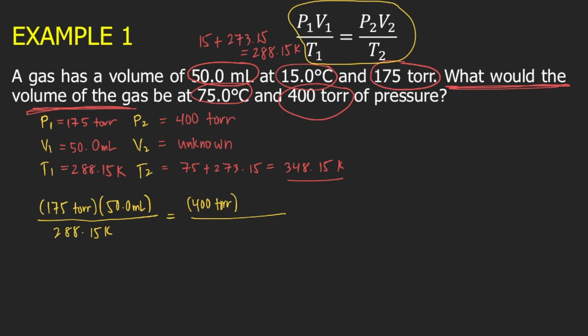V2 is unknown, so just write V2, divided by T2 is 348.15 Kelvin. So what you can do is you can cross multiply.